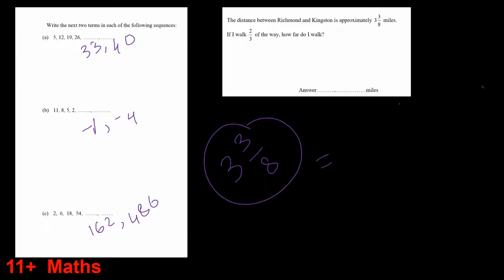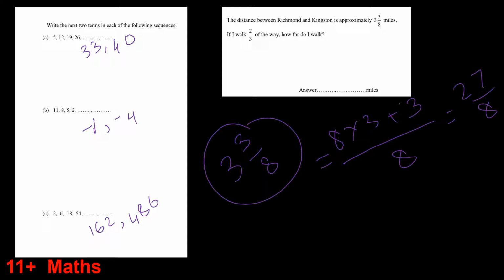So this becomes 8 times 3 plus 3 by 8. That is 27 out of 8. 8 times 3 is 24, plus 3 is 27, out of 8. Now if I walk 2/3 of the way, how far have I walked?